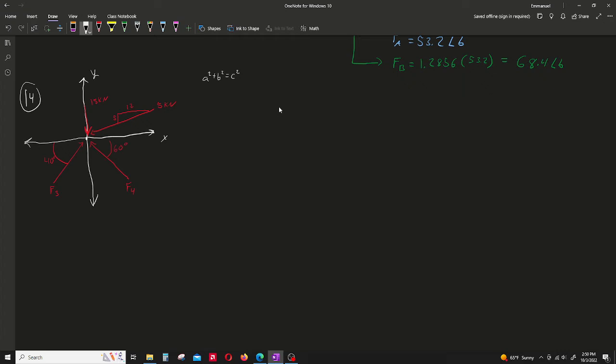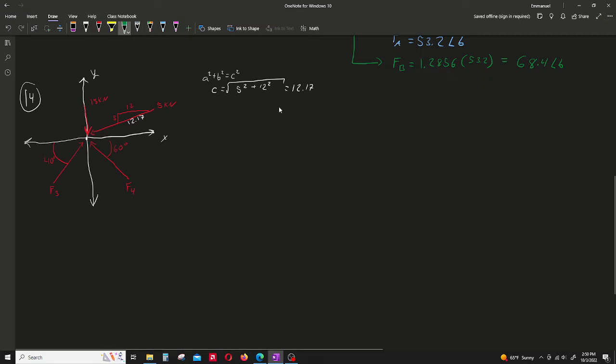So I'll just take c is equal to the square root of 5 squared plus 12 squared, and therefore c is equal to 12.17. Just in case I might need it.